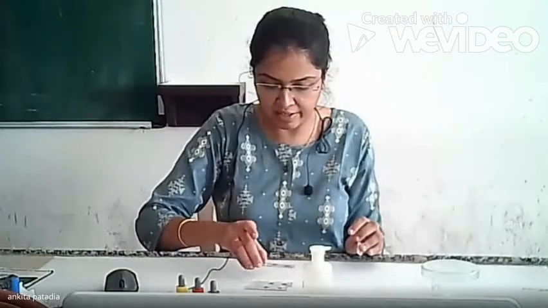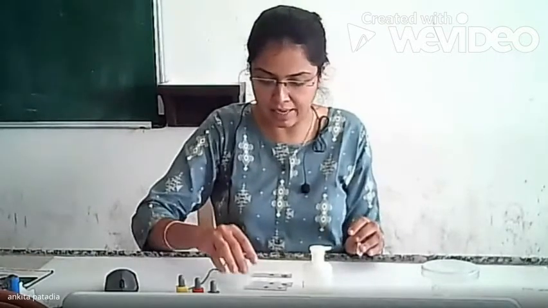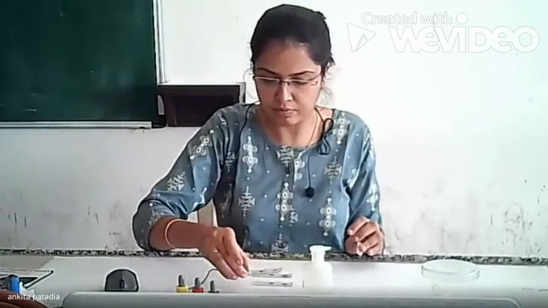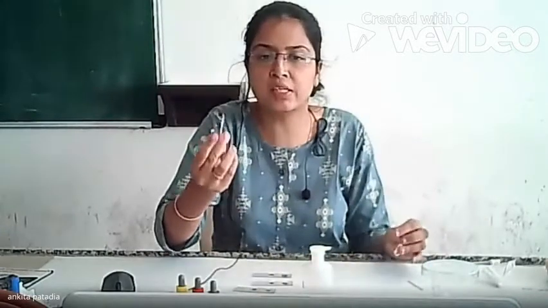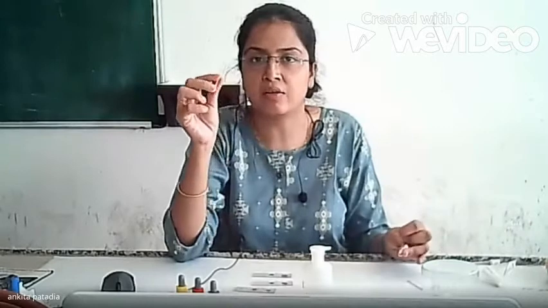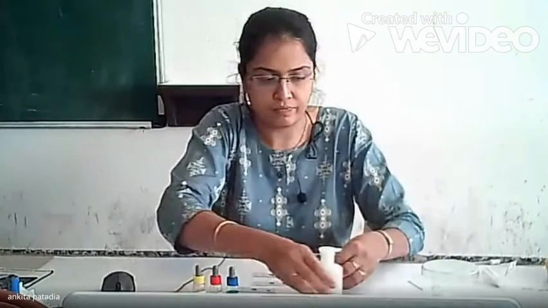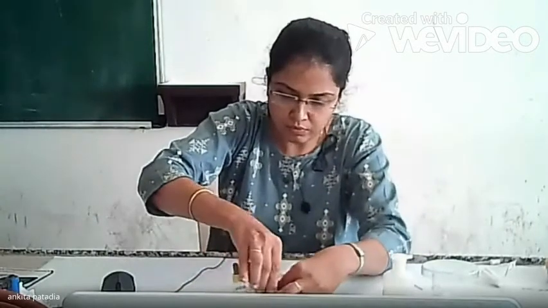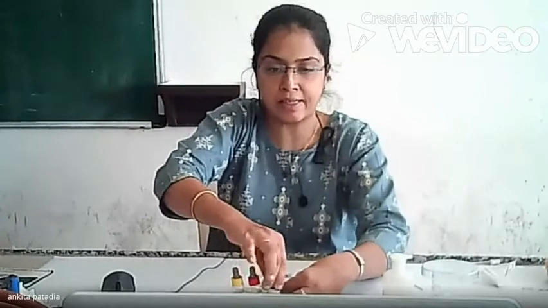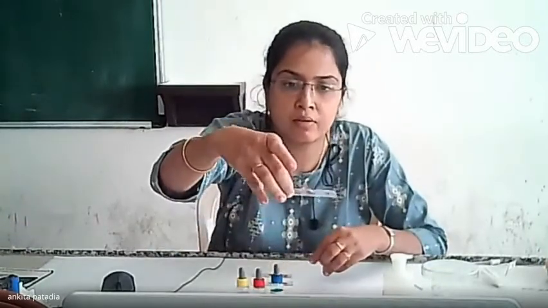Now mix the blood as well as normal saline. You can use this applicator or mixing stick. After adding antisera, you have to use a different applicator stick. Now we are adding antisera. See, this type of blood drop you have to collect.